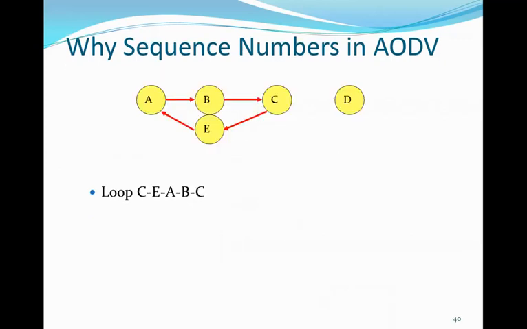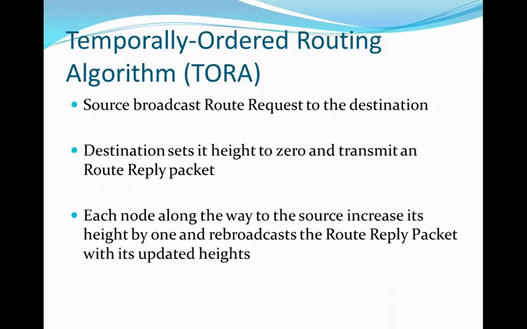Here you can see that the loop is created, and that was because of the route error packet that was broadcast by node C but not received by node A. So there is a loop inside this network, and there is no connectivity with node D, but still all these nodes consider that they are forwarding data for node D.